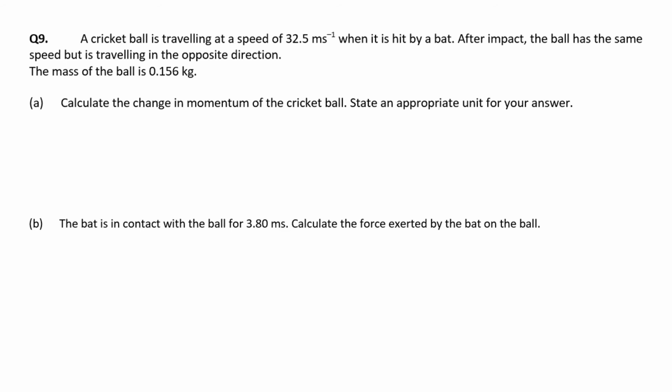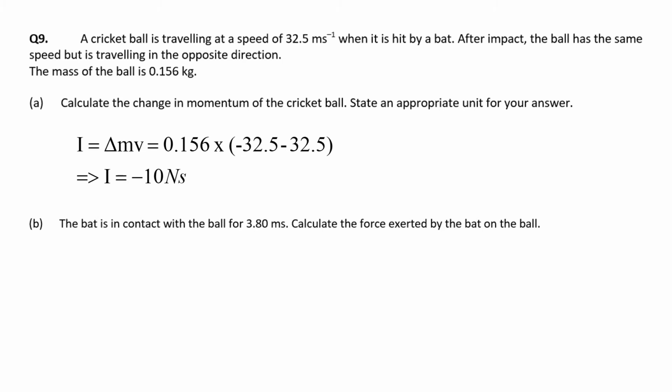Okay, so new question. A cricket ball traveling at a speed of 32.5 meters per second is hit by a bat, and after the impact, the ball has the same speed but is traveling in the opposite direction. The mass of the ball is 0.156 kilograms. Calculate the change in momentum of the cricket ball, giving an appropriate unit. So change in momentum, also known as an impulse, will be calculated by doing the mass times, because it's constant, times the change in velocity.